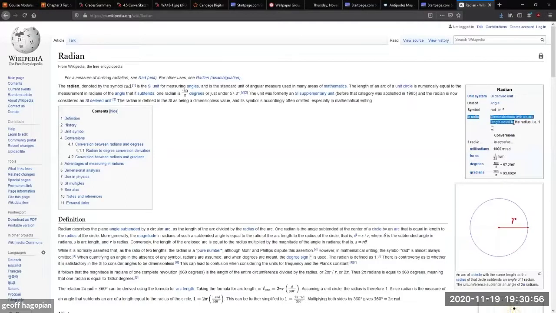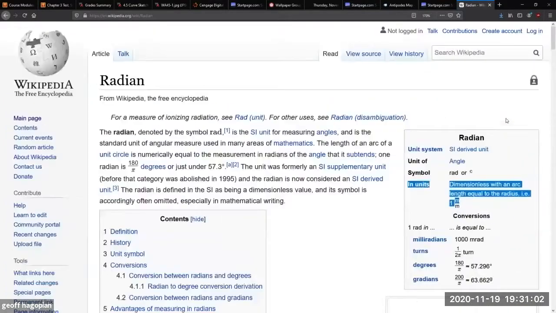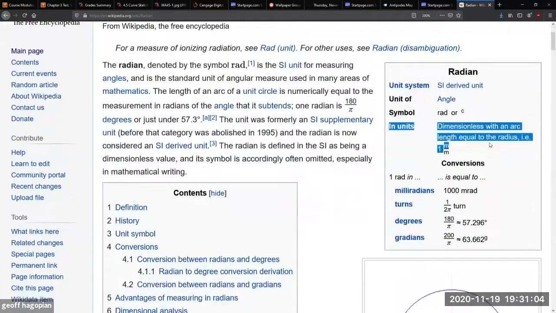Notice what they say, the units. Dimensionless, right? Do you see that? Is that too small? Dimensionless, with an arc length equal to the radius. So it's 1 meter per meter, right?